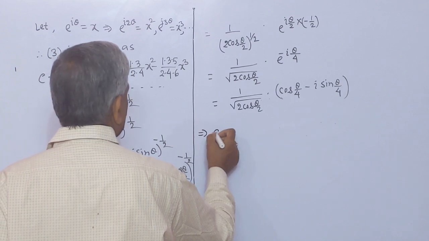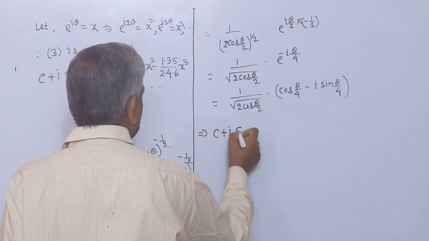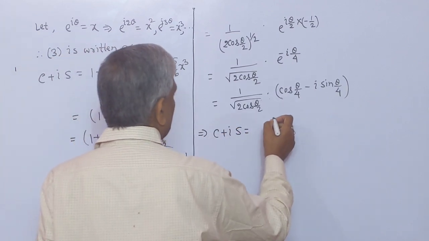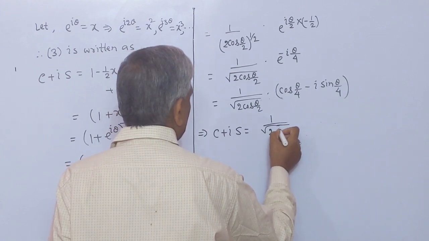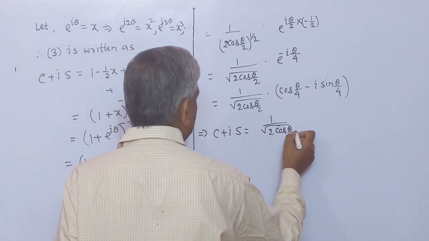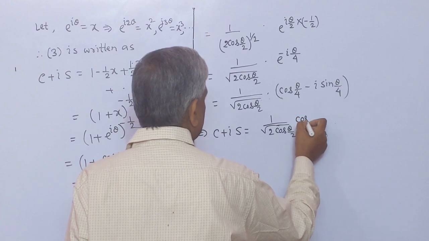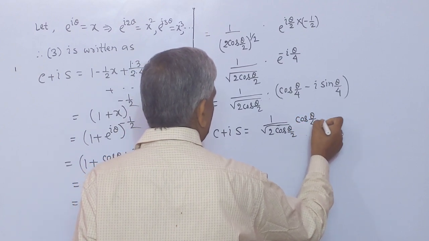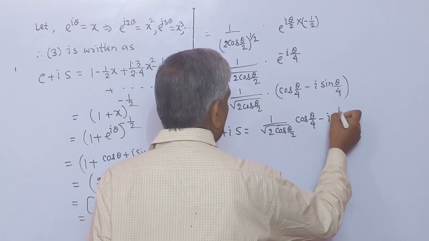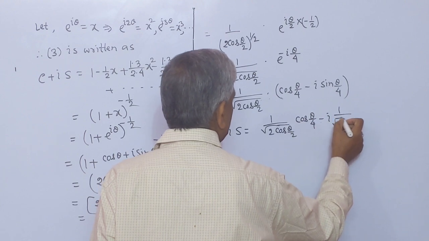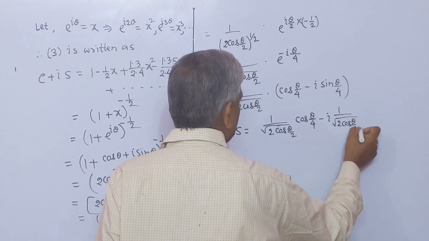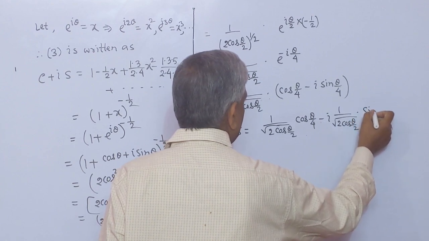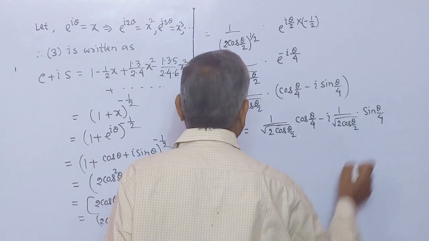This implies that C plus iS equal to 1 by square root 2 cos theta by 2 cos theta by 4 minus i 1 by square root 2 cos theta by 2 into sin theta by 4.